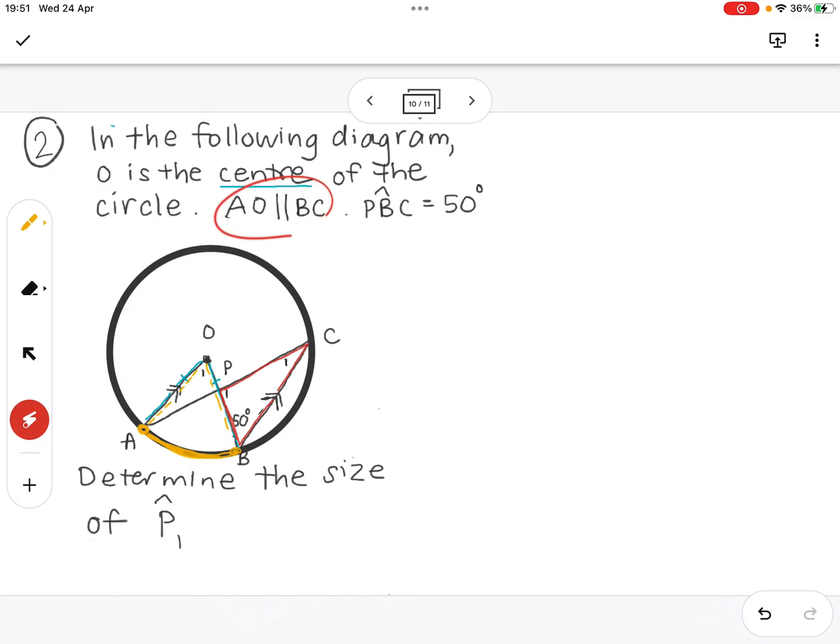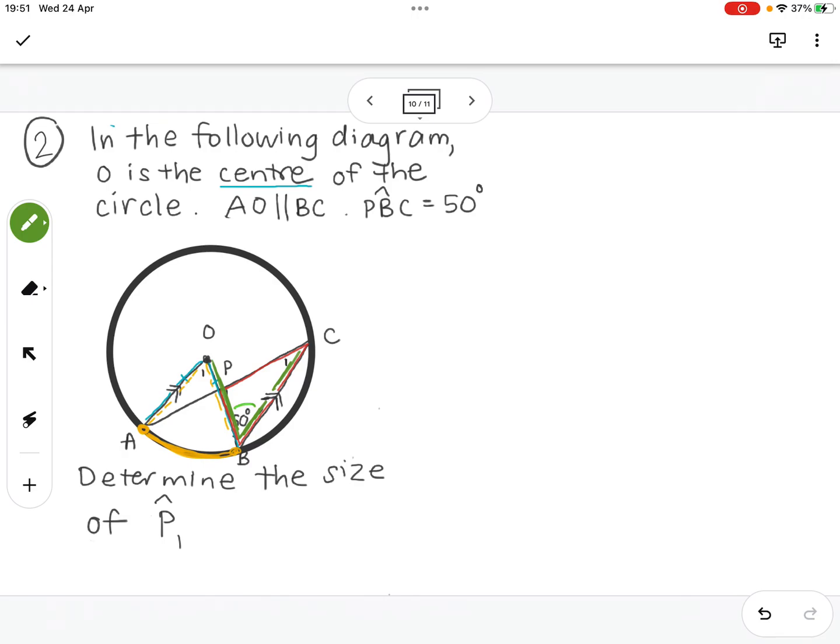And it's not a coincidence that I've been given parallel lines. I will always use all the information they've given me. So other than the angle at the center, which is not useful at this moment, I'm going to start with the 50, the piece of information that I was given. Let me get another color, so many colors. I see that this angle here is made next to a parallel line.